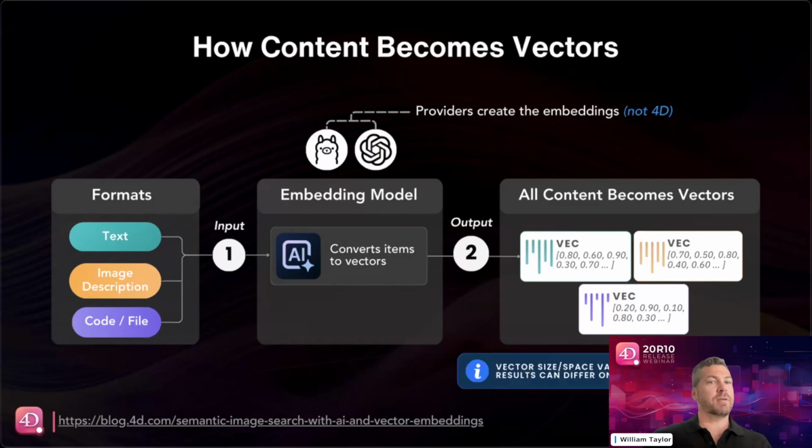And because each provider trains their model differently, vector size and structure may vary, which means that similar results can differ. So you can put in similar things, but get different results depending on the model you're using, even with the same content.